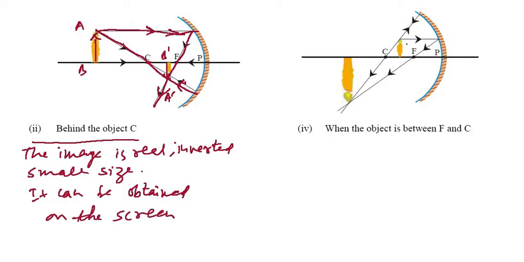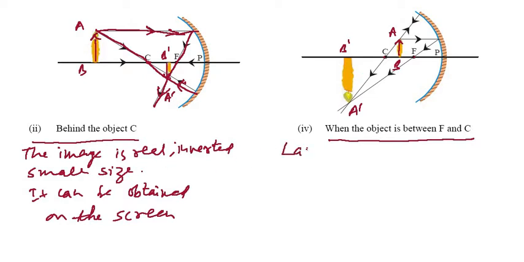Now in this also, you can see the object. When the object is between the focus and the center of curvature, you can see here the center of curvature and focus. The object AB is placed here, and the image A dash B dash is formed here, and that is a large image.